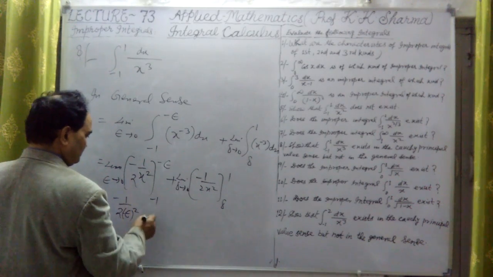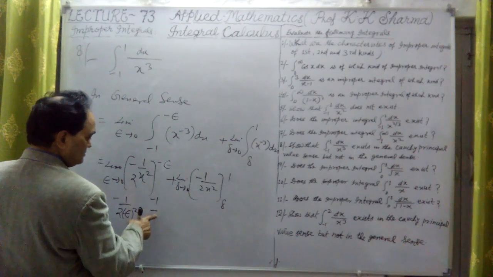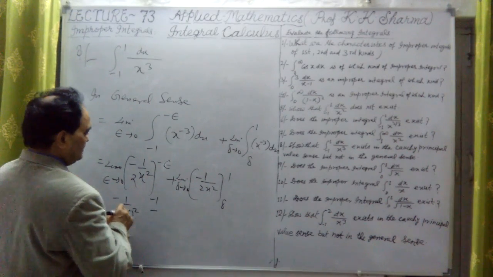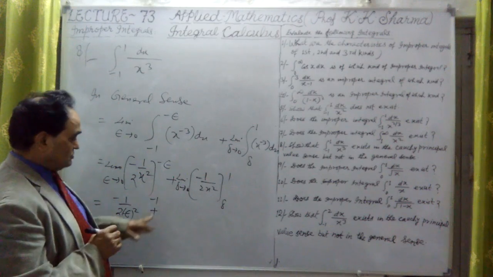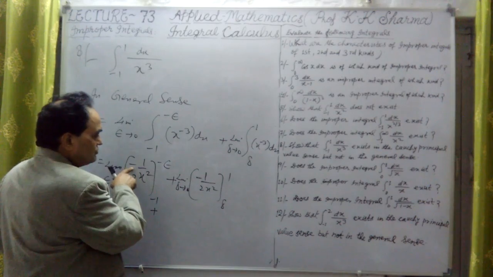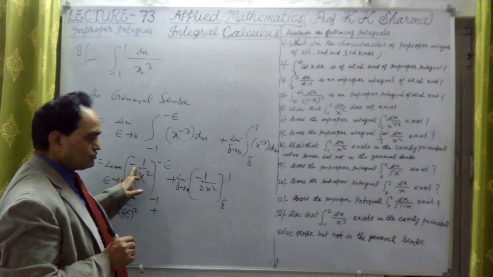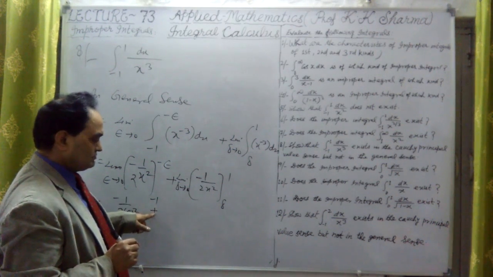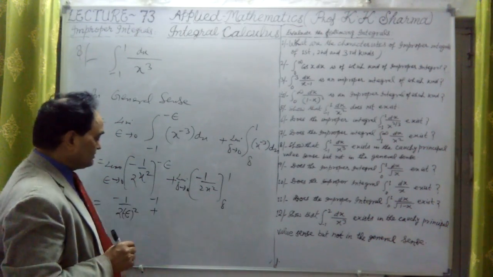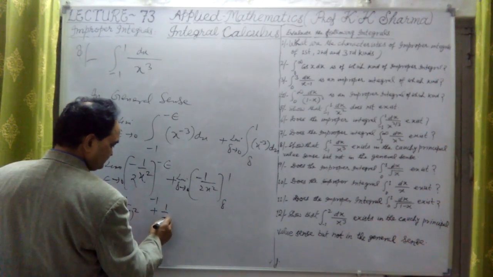Then for the lower limit minus 1, we put a negative sign, so that minus sign and this minus sign will be positive. When we substitute minus 1 in place of x square, it becomes positive. That will be only 1 upon 2, a positive value.